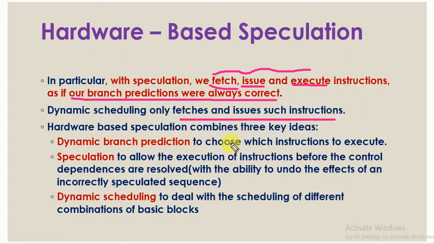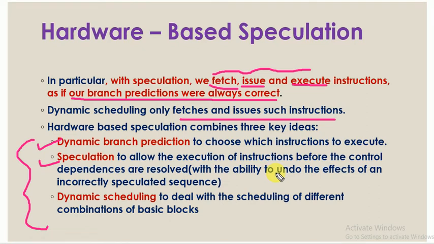Now hardware based speculation combines three key ideas. First is dynamic branch prediction. We need to predict what will be the behavior of the upcoming branch. The second is speculation, to allow the execution of instructions before the control dependencies are resolved.